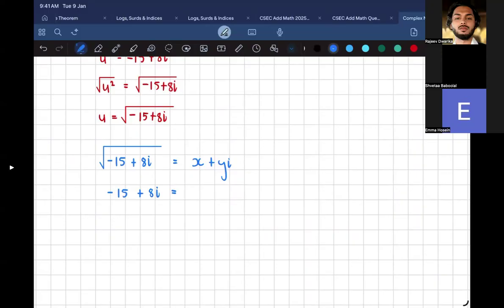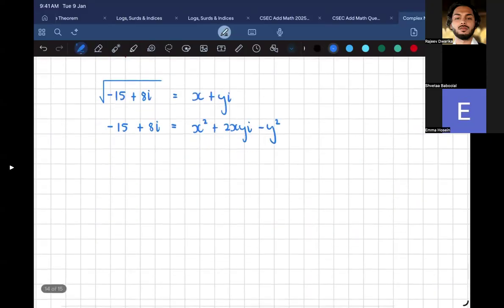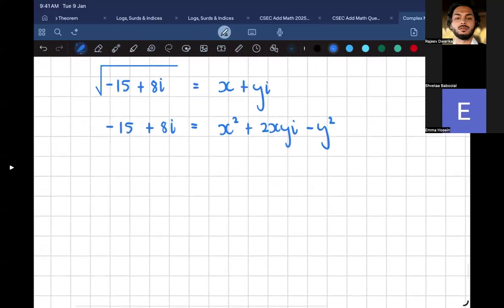If we square the other side, that goes into x squared plus 2xyi minus y squared. The real part is going to be x squared minus y squared equal to minus 15, and the imaginary part is going to be 8 equal to 2xy. If you divide through by 2, you get 4 equal to xy.